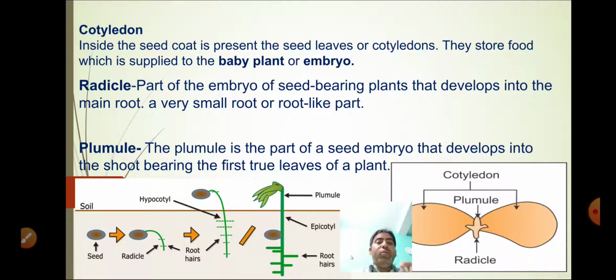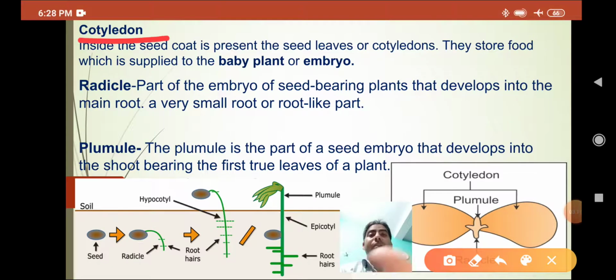The stored food is used by the baby plant till it grows its first green leaves. Inside the seed coat are present the seed leaves or cotyledons. They store food which is supplied to the baby plant or embryo.